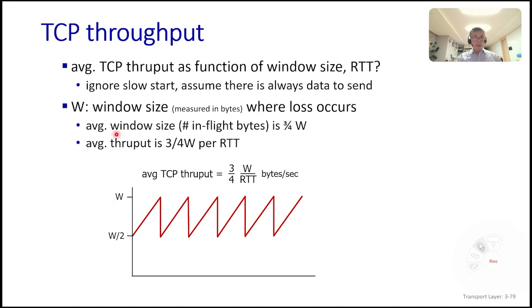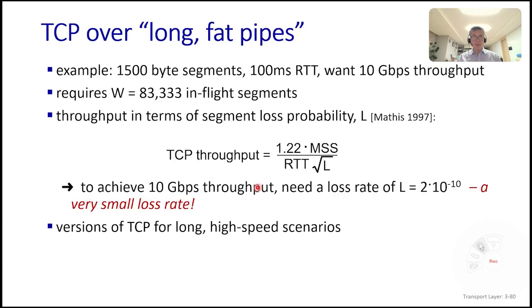The average window size is usually 3/4 of W, so the average throughput is 3/4 W per round trip time. So the average TCP throughput is 3/4 times W over RTT. This is the average TCP throughput.